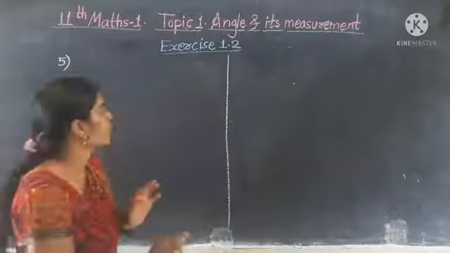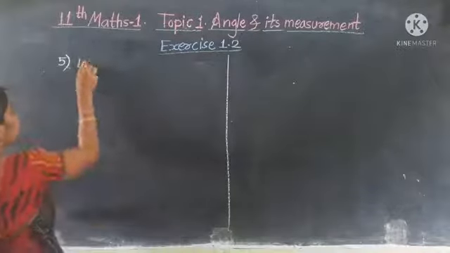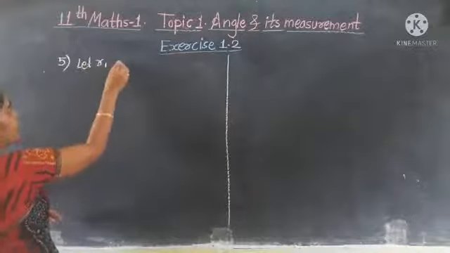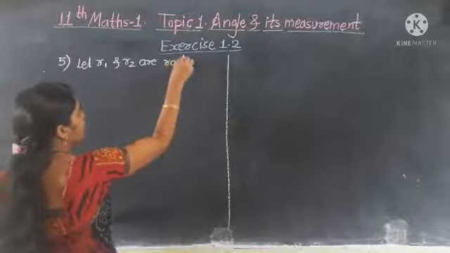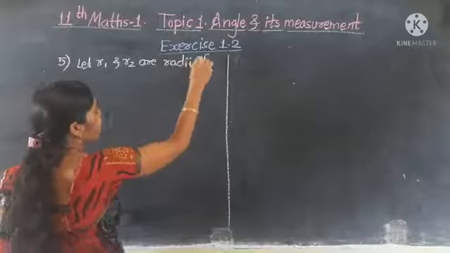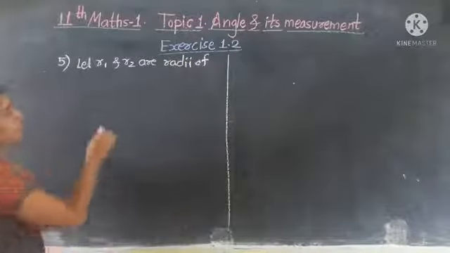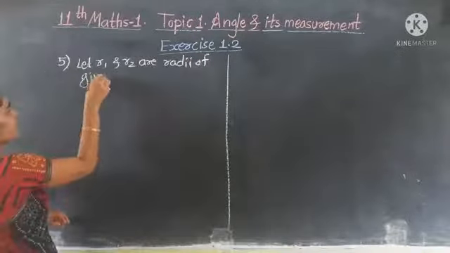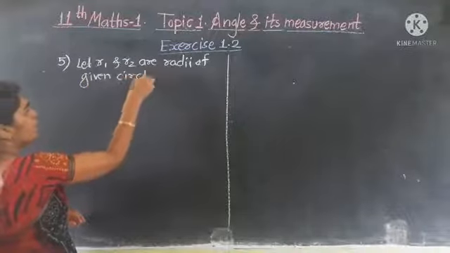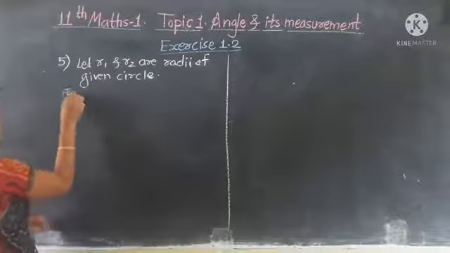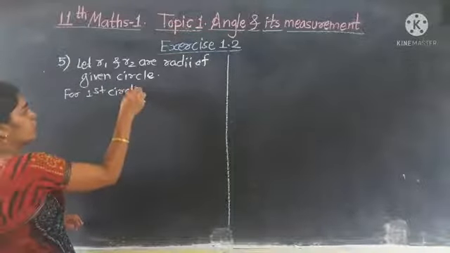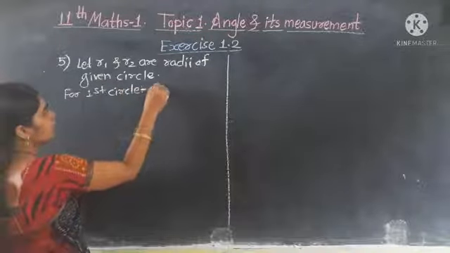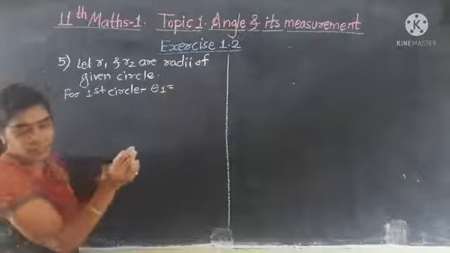Okay. We suppose, let R1 and R2 are radii of given circles. For first circle, we suppose theta 1. What is the angle given?